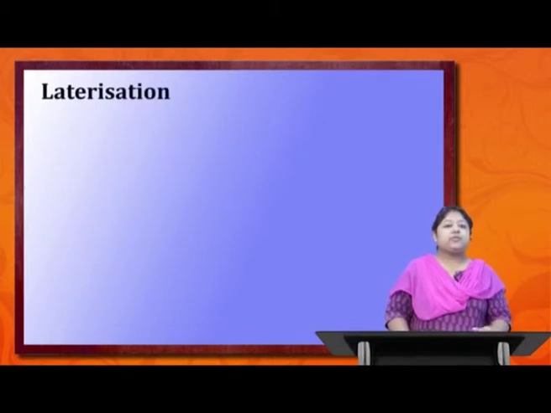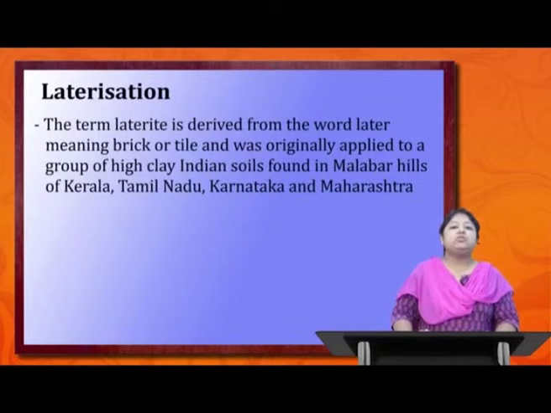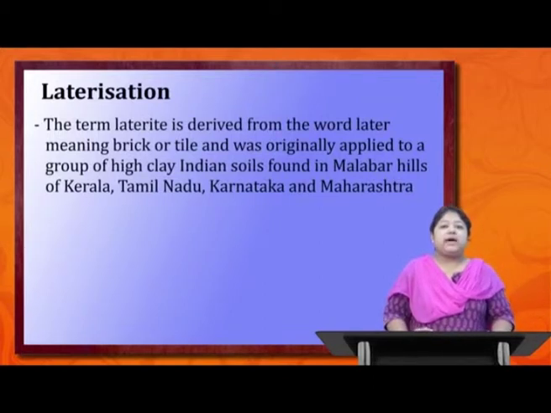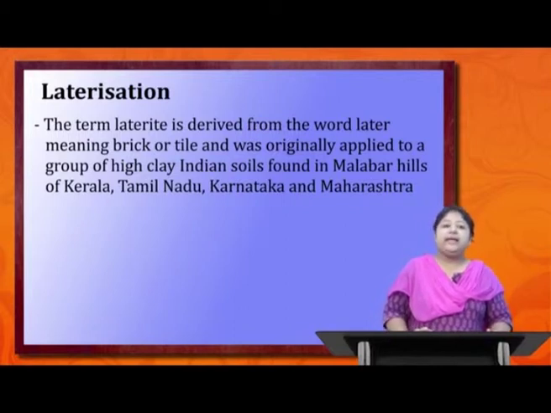Now, the next process is laterization. It is derived from the word "later," which means brick or tile, and was originally applied to the group of high clay Indian soils found in the Malabar hills of Kerala, Tamil Nadu, Karnataka and Maharashtra.